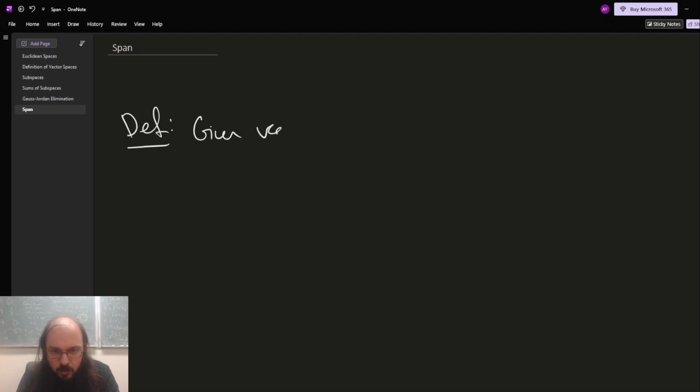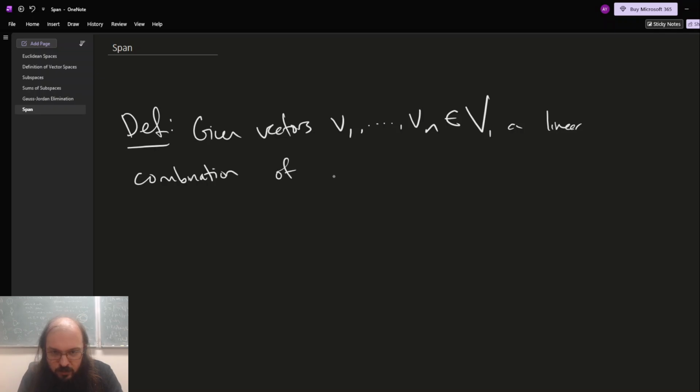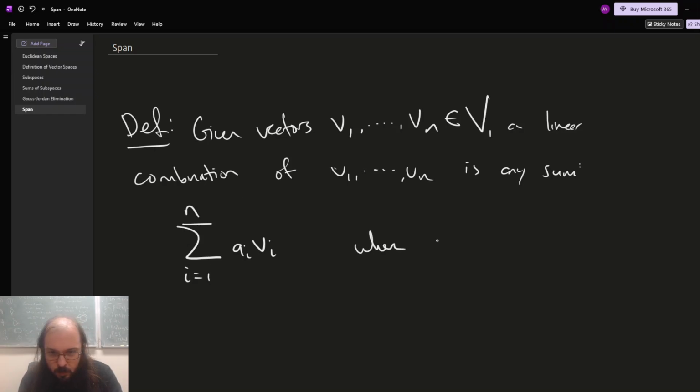Given vectors v1 through vn inside some vector space V, a linear combination of these vectors is any sum where the ai belong to whatever the field is that the vector space is over.